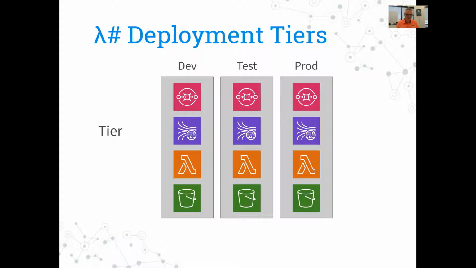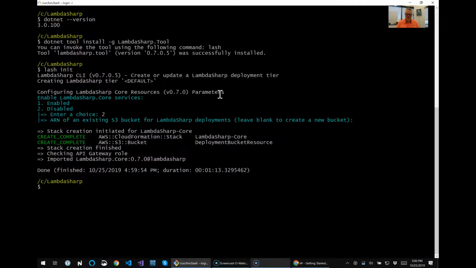It really depends on what you need. So for your development, you may not have core services. Next, you can publish across these deployment tiers from a single source of truth, which means you're not rebuilding and then maybe what's going to production is not what you actually tested. No, it is a bit perfect copy. And that is one of the essential capabilities that we believe is essential for having a reliable deployment process.